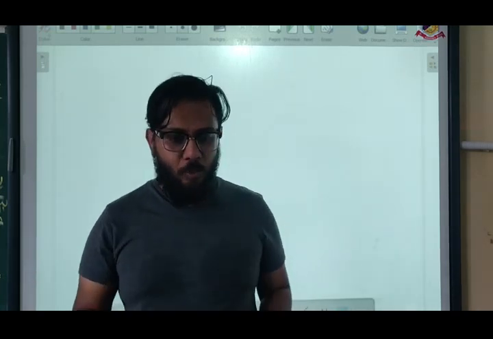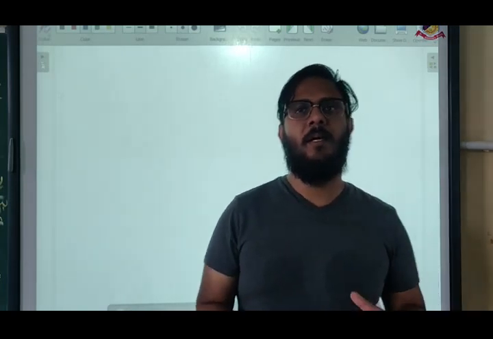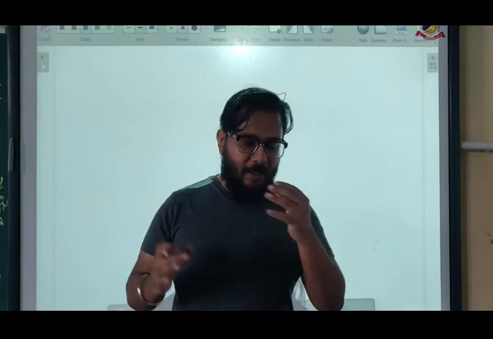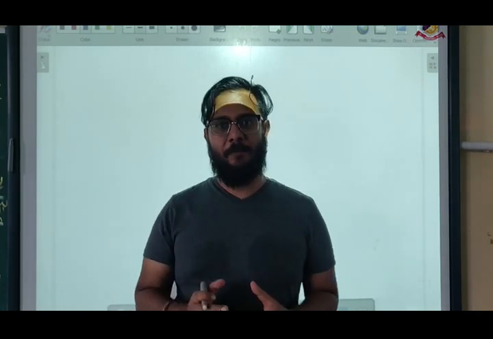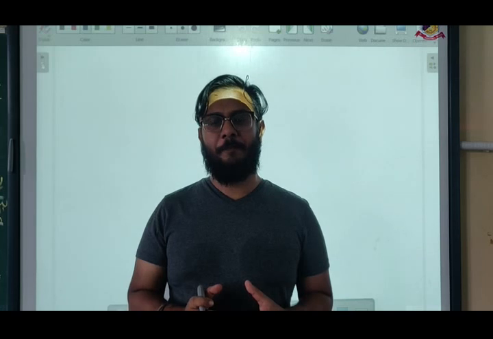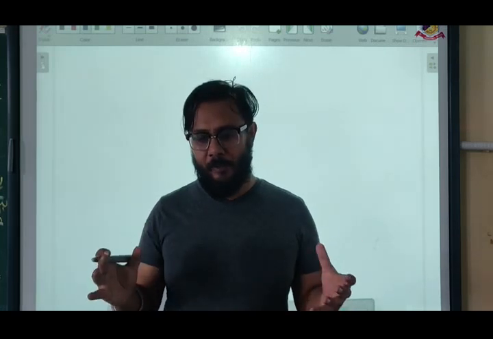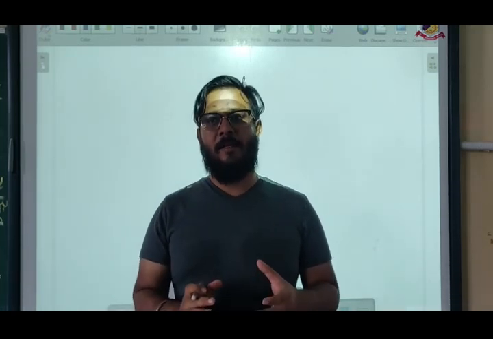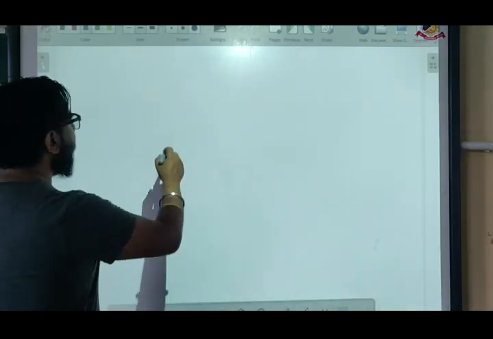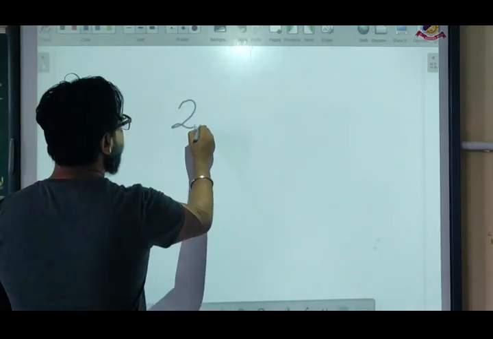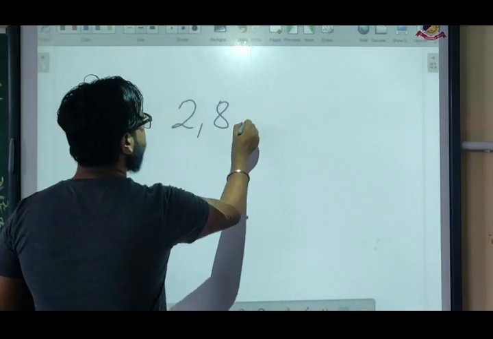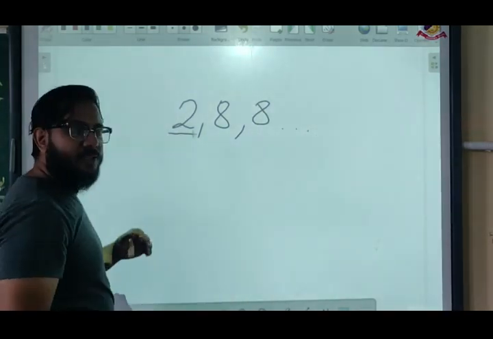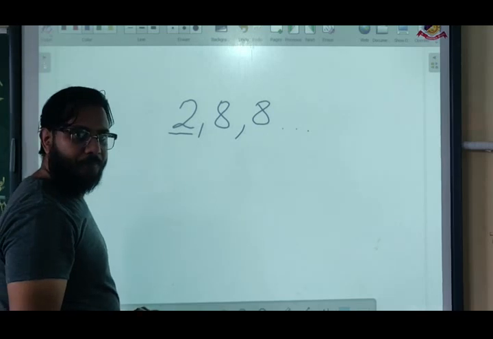But what I'm going to talk about is why do these atoms come together? They come together because they need to be stable. Every element out there wants to be stable. They can only be stable if their electronic configuration is 2, 8, 8, and so on, if each shell is full.